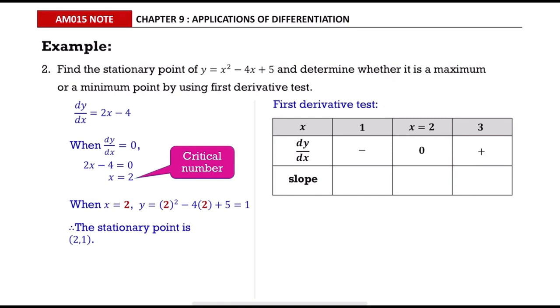The negative sign means that the slope is negative, so the line is decreasing. dy/dx equals 0 means that it is a horizontal line. And positive sign means the slope is positive, so the line is increasing. From the shape of these lines, we can conclude that (2, 1) is a minimum point.